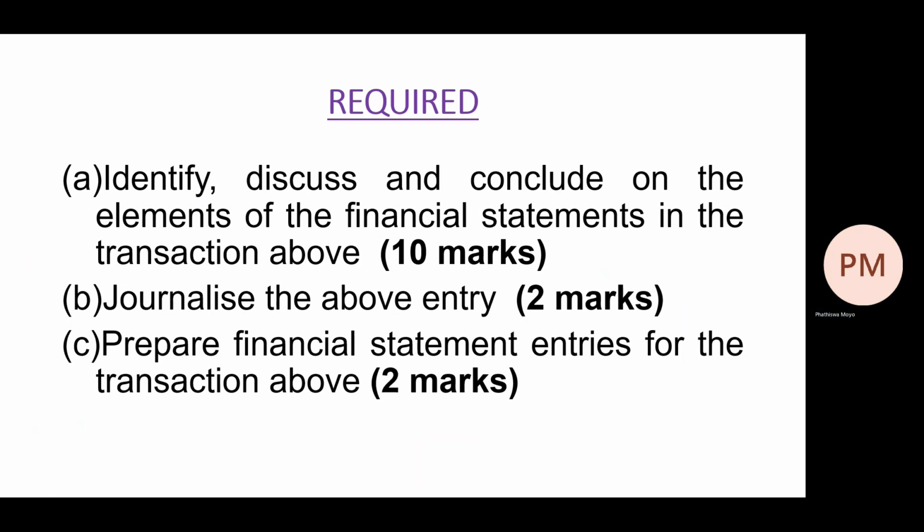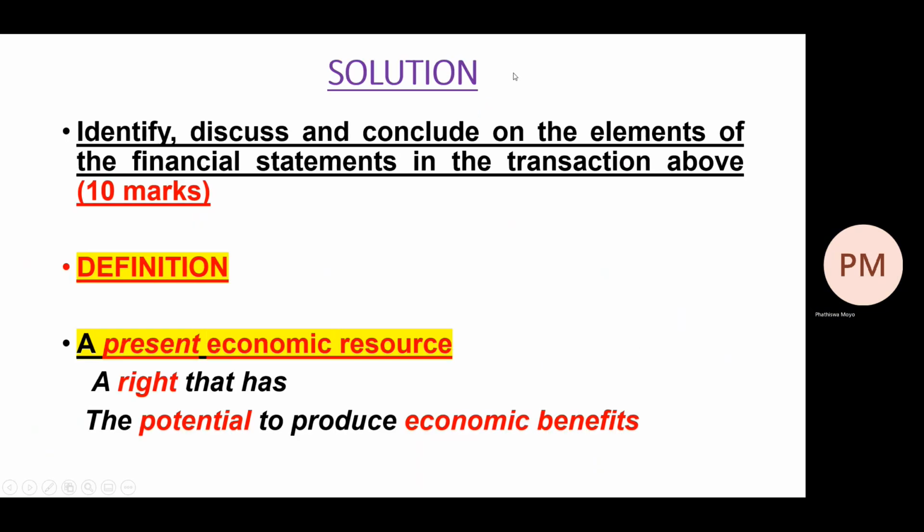So let's do the identification. When the question says identify, there are videos I put explaining what an asset is according to the Conceptual Framework of 2018. There are also videos with examples of assets, examples of expenses, examples of income.